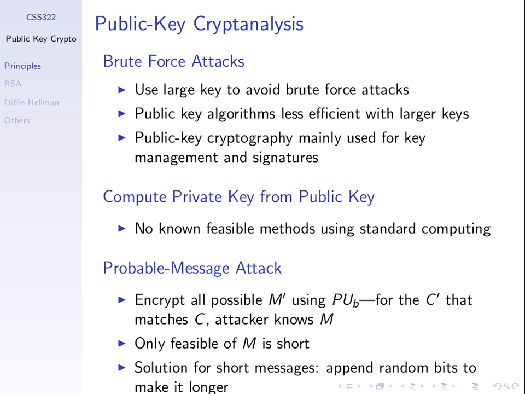And in fact, the practical result of that is that in many cases, public key cryptography is not used so much for encrypting large documents or large plain text. It's more used for key management and signatures, authentication.